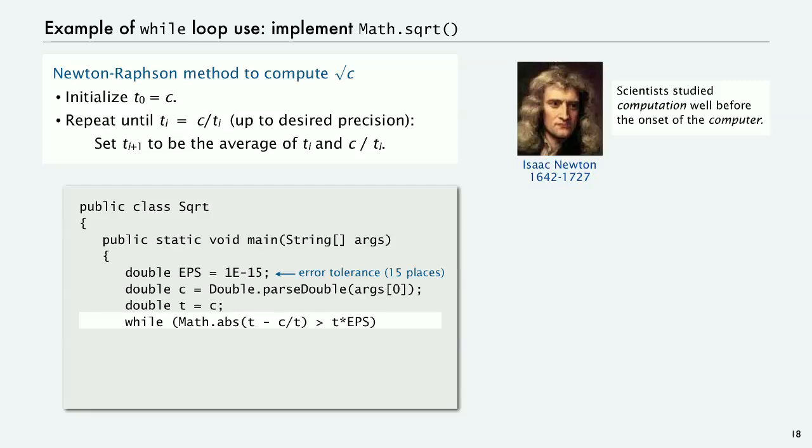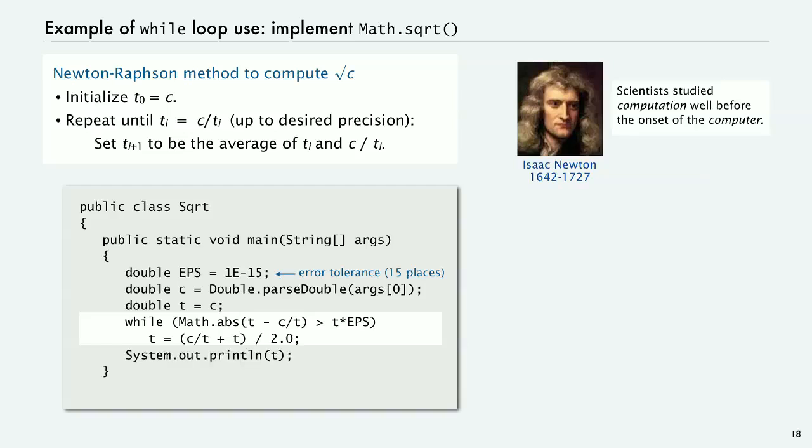What's the condition where we terminate the while loop? That's when the absolute value of t minus c over t is no longer bigger than epsilon times t itself, then we're within epsilon. If it is bigger, we're not within epsilon of the exact answer, so we want to perform the iteration. The iteration is just to average t and c over t, so add them and divide by 2.